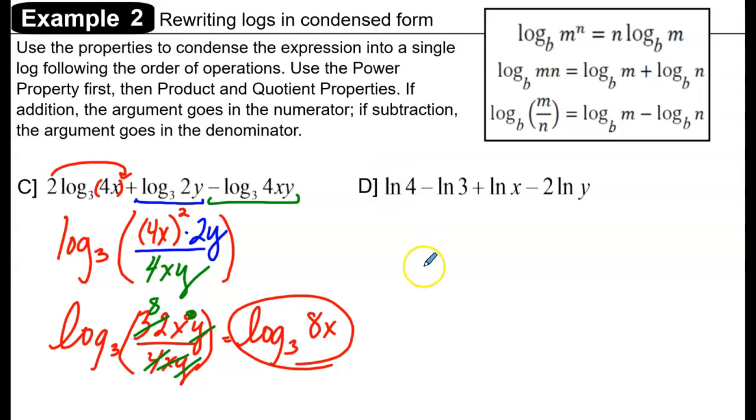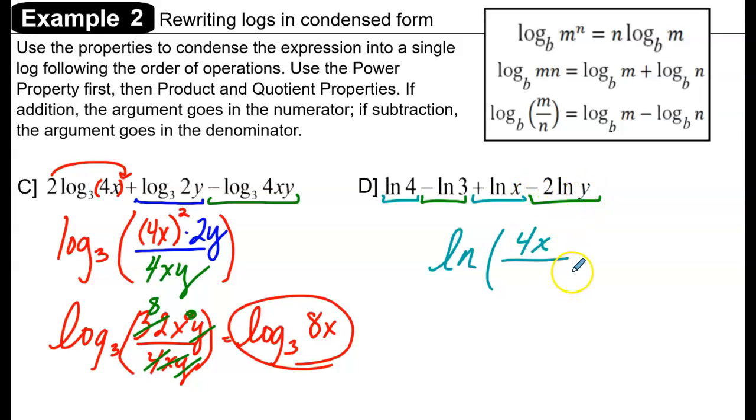So in example D, we have a positive natural log of 4 and a positive natural log of x. So the product property will put the 4x in the numerator. Okay, then in the denominator, we have a minus natural log of 3 and a minus 2 natural log of y.